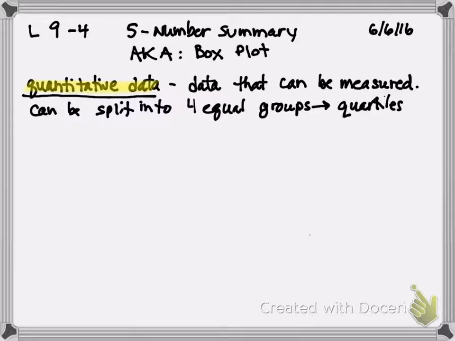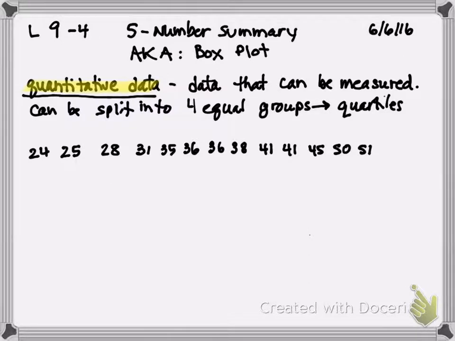So if I have a set of data, I'll give you an example. We have 24, 25, 28, 31, 35, 36, 36, 38, 41, 41, 45, 50, 51, 54.